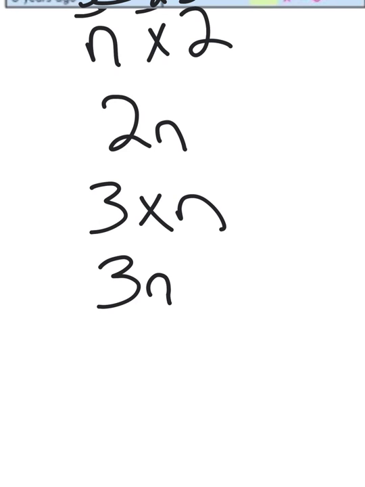It's important to note here, when we're multiplying a variable by 1, usually we would just represent the variable. We would just write n, because 1 times n is n. So if I want to tell you how many plums I have in 1 box, you would just write n. That would be your algebraic expression here, or 1n. But 1n is n.